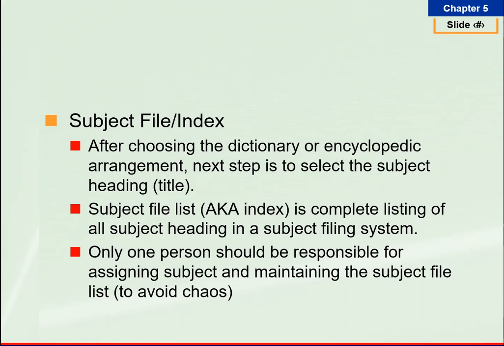Therefore, there must be only one person responsible for assigning subjects and maintaining the subject file list. Why? Because we want to avoid chaos. In any organization, either private or public, they must have someone who is responsible for managing the records in that organization or in that record center.